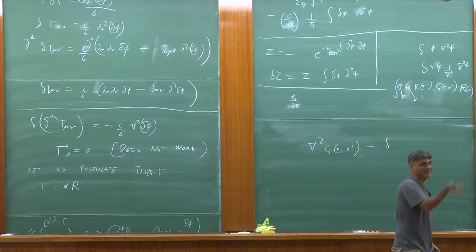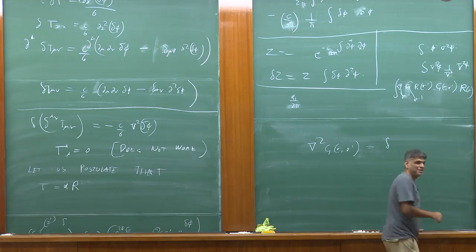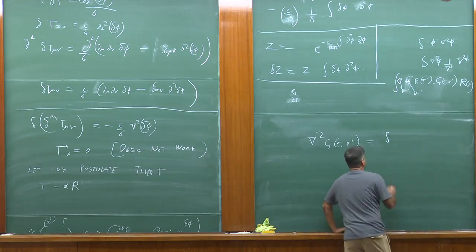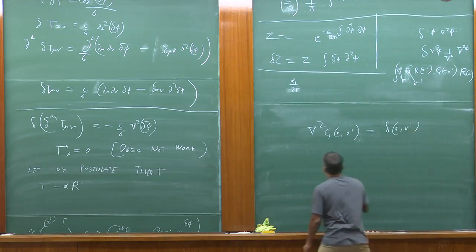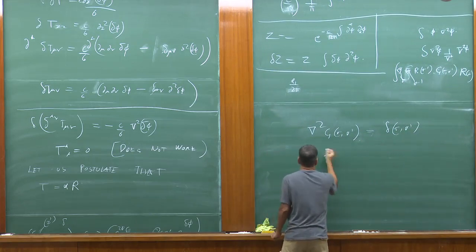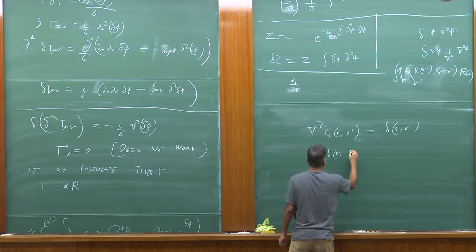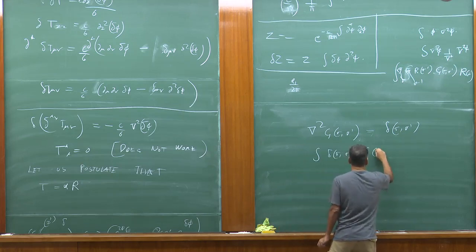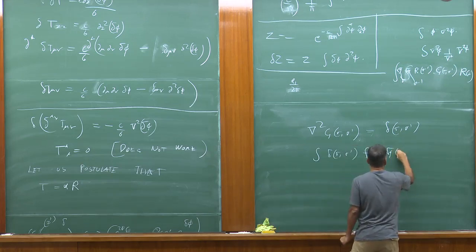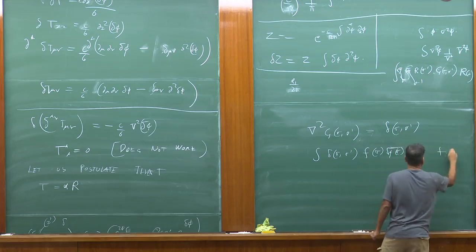Delta is defined with this factor of square root G. Okay, so this will be delta sigma prime. Delta will be defined by integral delta sigma prime f of sigma square root G of sigma is equal to f of sigma prime.